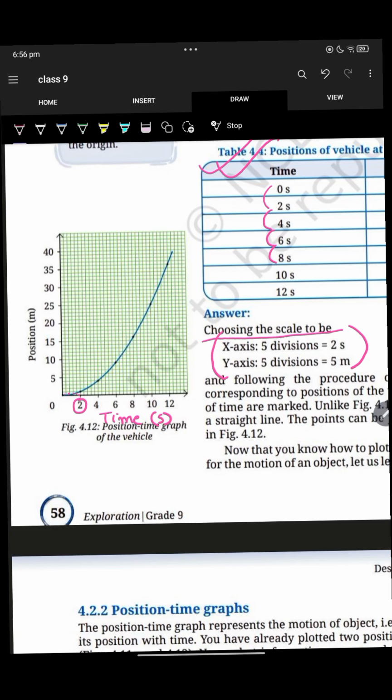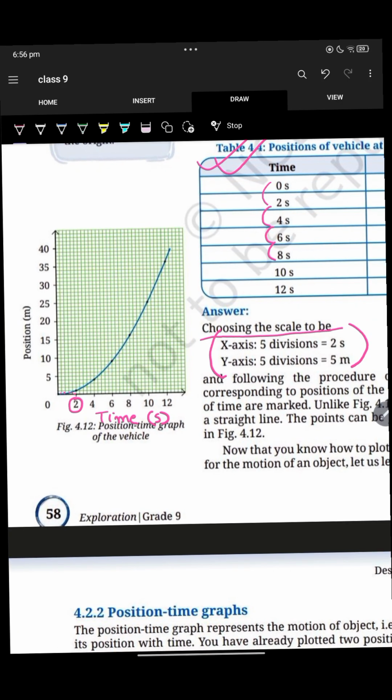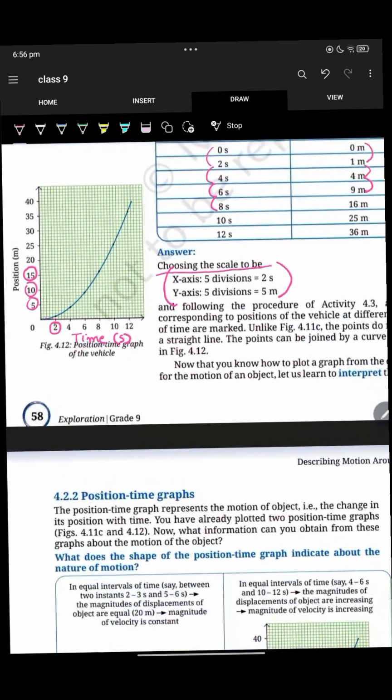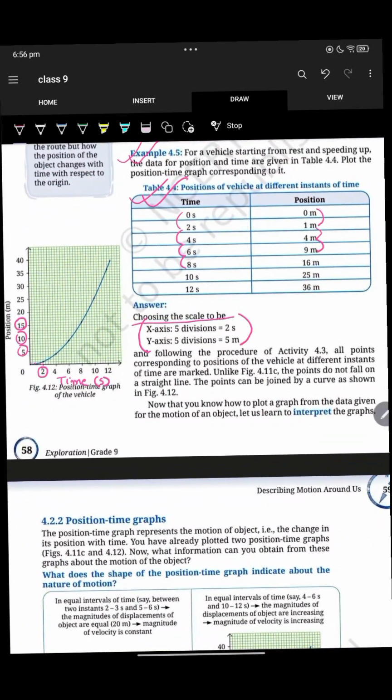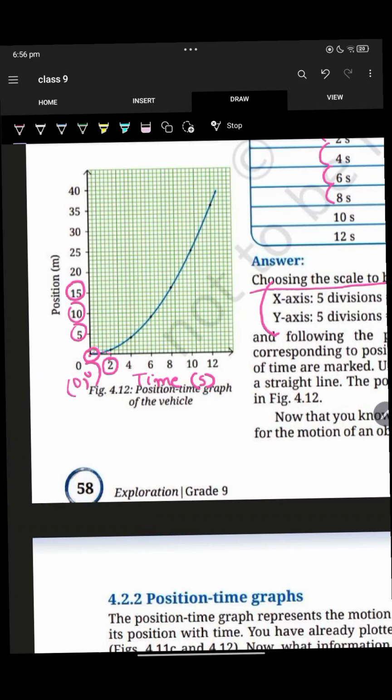The y-axis will show 5 small divisions equal to 5 meter. Okay, so from 5 to 10 to 15, everywhere a 5 meter gap. Now you search for the plot. See from 0, 0. This is the point, 0, 0. From here we can see 2 seconds, 1 meter.